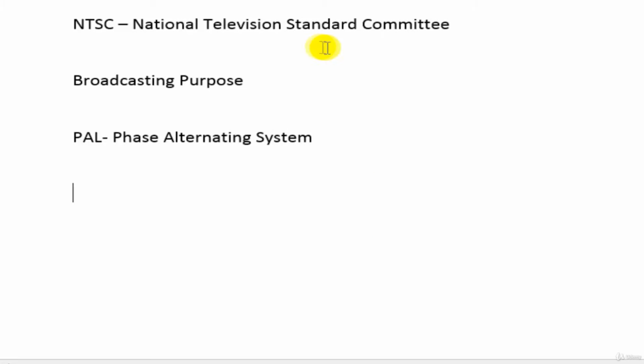This is again for broadcasting purpose, and it is used in Asian countries. So it again depends on what kind of video or for what purpose we would like to create the video. So I hope these both standard formats for broadcasting are clear to you.